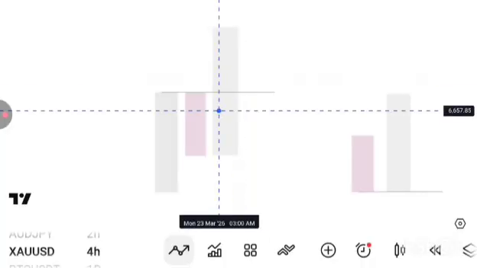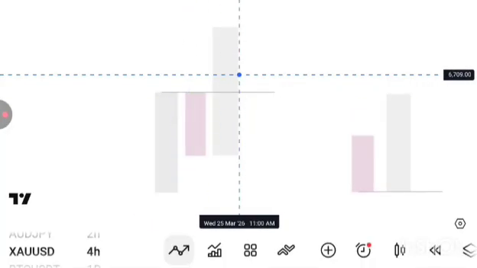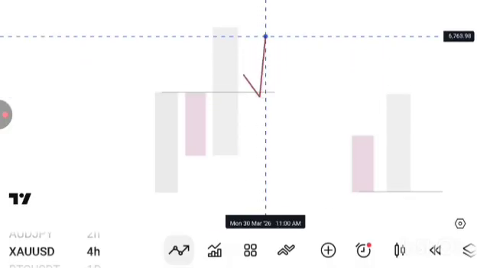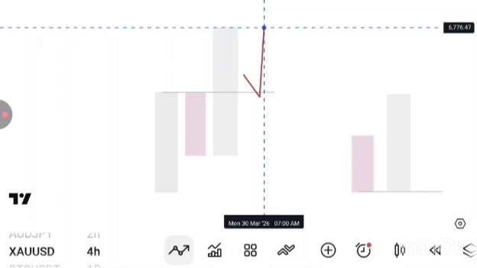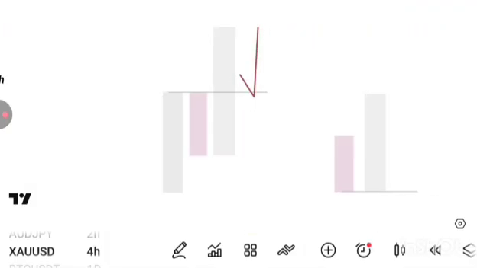It's no longer valid for sales, but it is now valid for buys. So we could be expecting price to come back to this key level and sponsor some buys instead of sales. That's what I mean by an A-shaped key level is used for sales until it is proven otherwise.